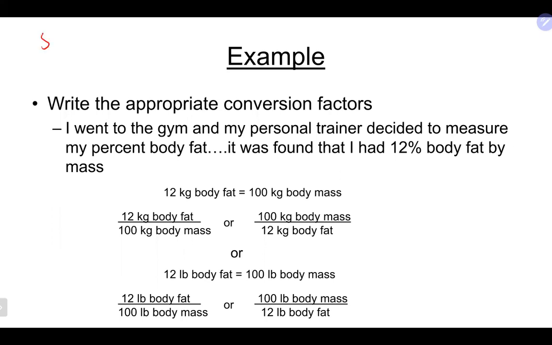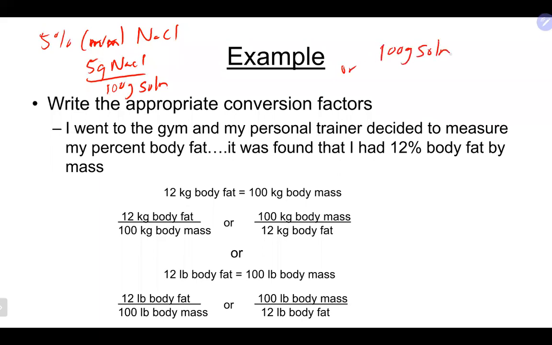If you had something that was 5% by mass, and that's what that means, mass to mass, you could just say that was a sodium chloride solution, for example. You could say there would be 5 grams of sodium chloride in 100 grams of solution. Or you could flip it around and say in 100 grams of solution, there would be 5 grams of sodium chloride.